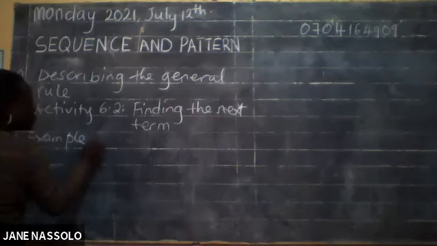We are finding the next term. Okay, there is an example. What are the next 3 numbers in the sequence? The numbers are 12, 17, the next 3.